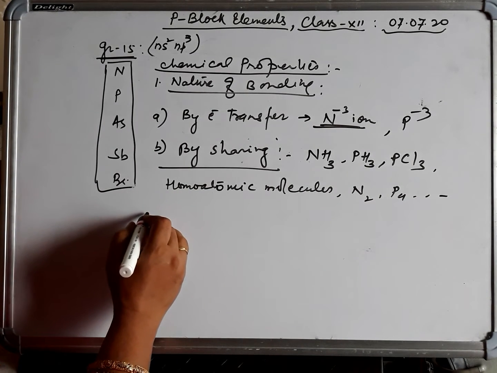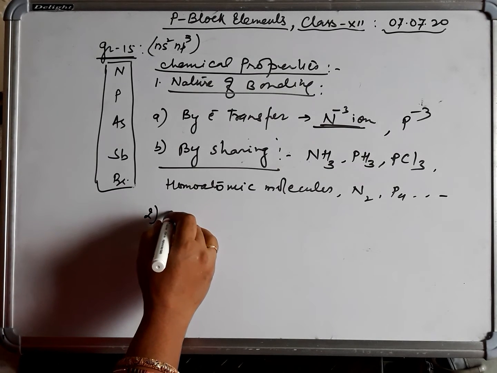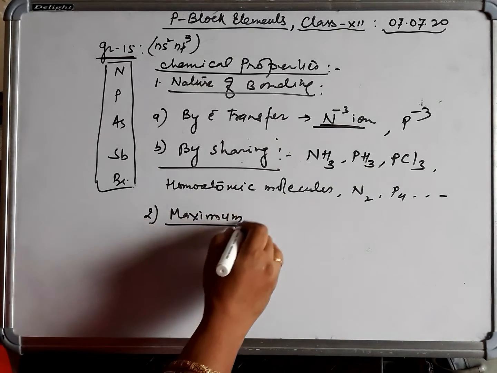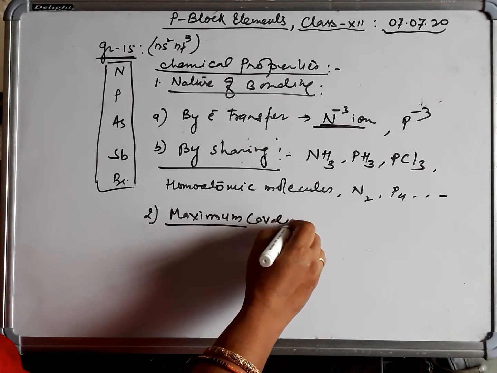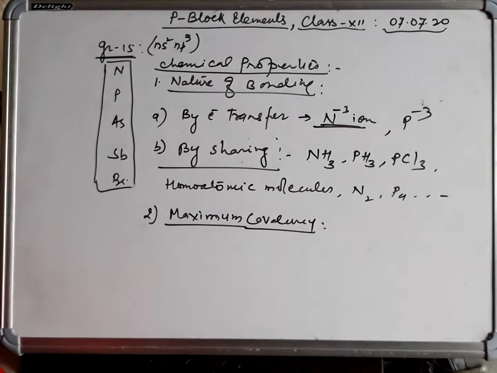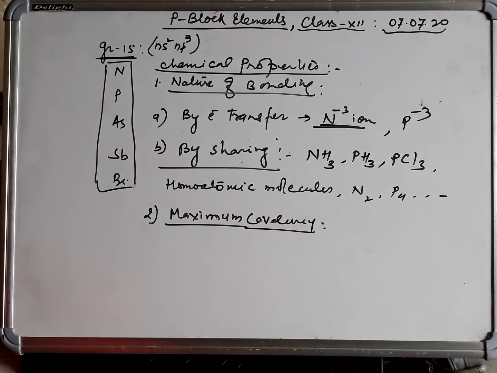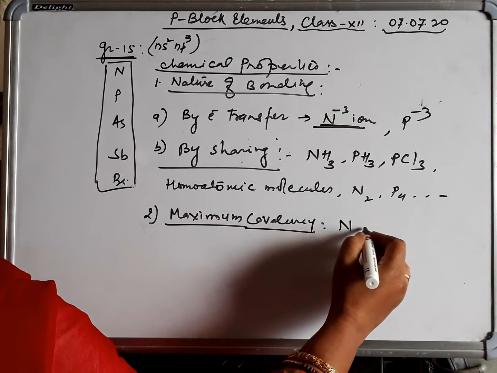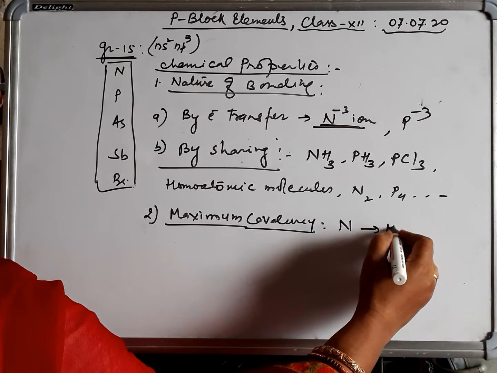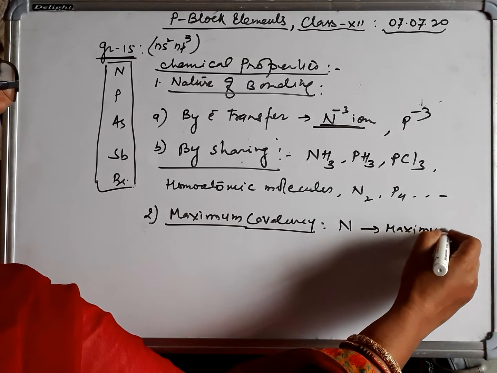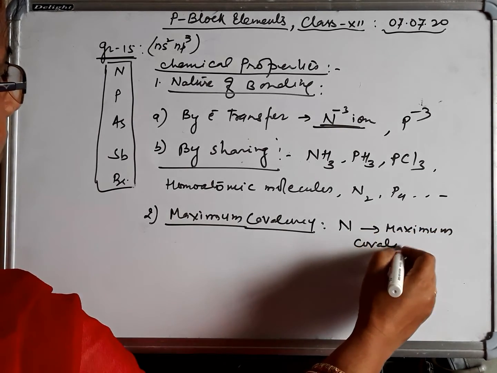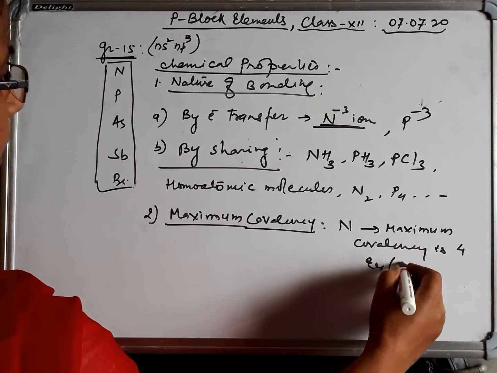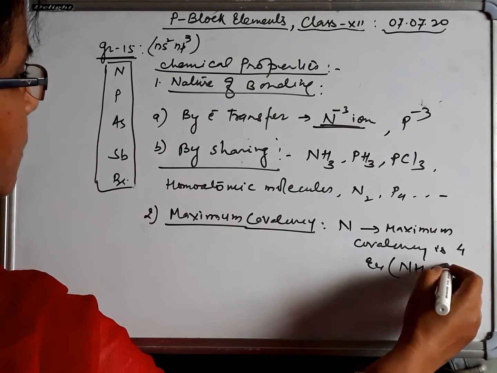The next property is the maximum covalency. Students, nitrogen can show a maximum covalency of 4. Example, NH4Cl.